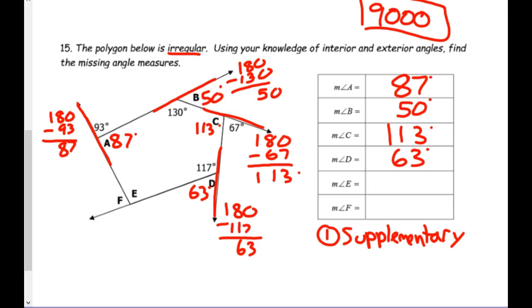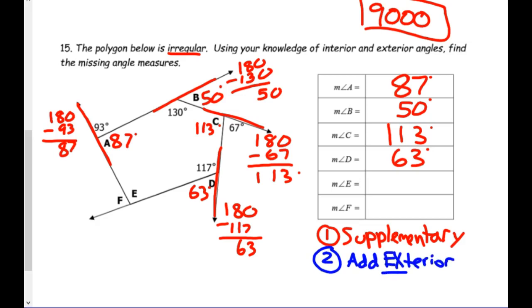Now, F and E. Okay, we're missing something. So I'm going to help you out with the second step, okay? So you want to add up your exterior angles.